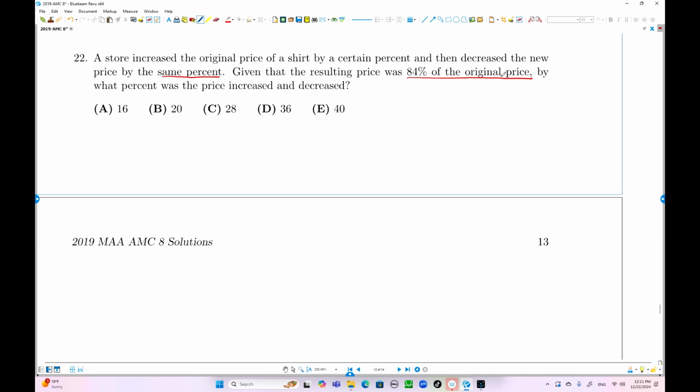Maybe you can use the rate, original price is 100, okay? So 100 times x percent increase in decimal is 1 plus x, and decrease 1 minus x. That is 84% of the original, 84, isn't it? Using this, we can find the answer, right? Okay, you can divide by 100, that's fine.